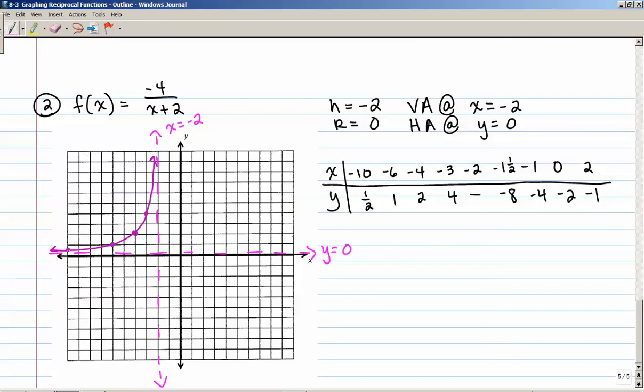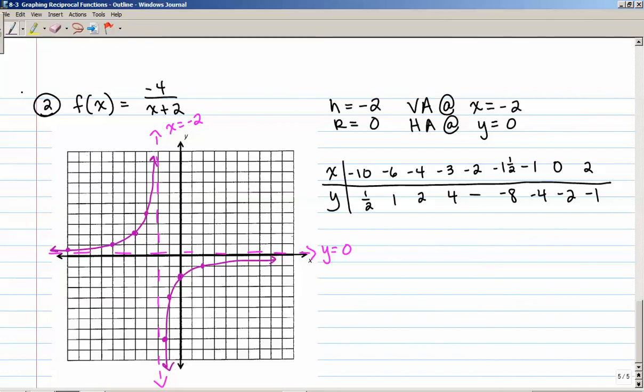Notice also that these curves are going to have 2 parts to them. And then a negative 1.5 is right here, and that's going to be at negative 8. Negative 1, negative 4. 0, negative 2. And 2, negative 1. Okay. And there we go.